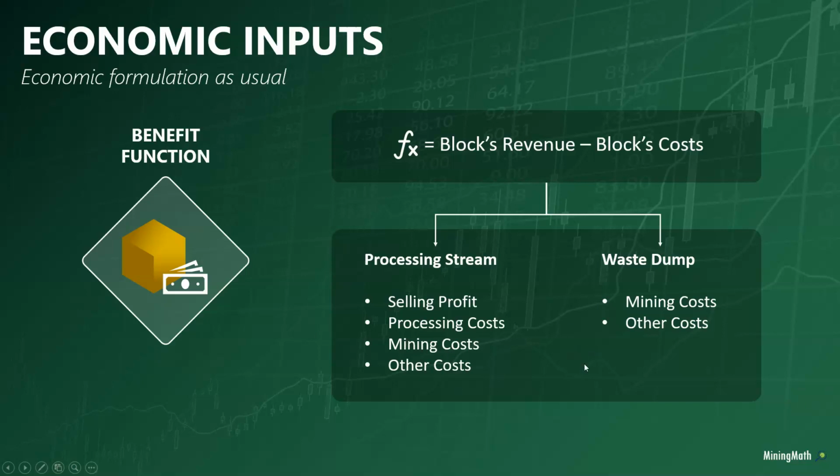So selling profit, processing costs, mining costs. Here you don't have processing costs, for example. And notice that you are creating these economic values for each destination, for processing and waste, differently from other software where you might assume a cutoff grade, and based on that you just create one economic value, also predefining which destination each block should go to.